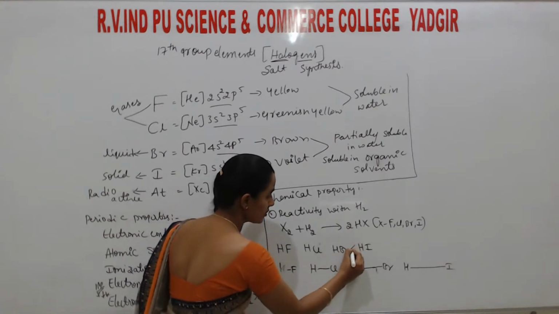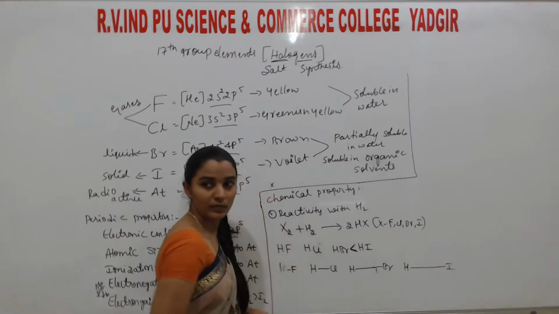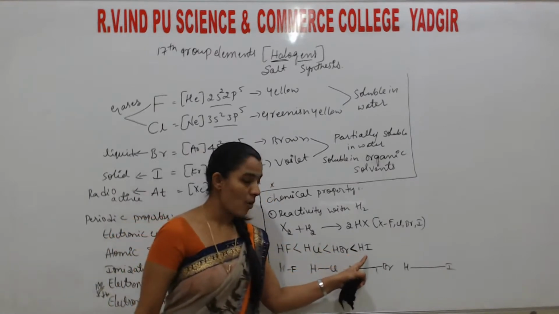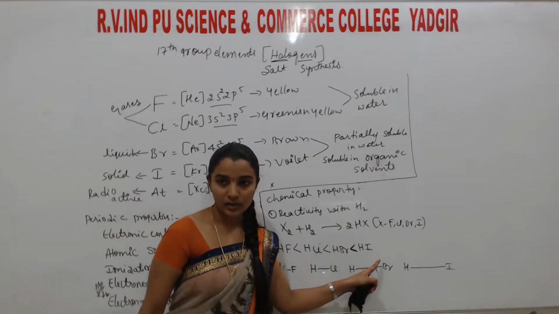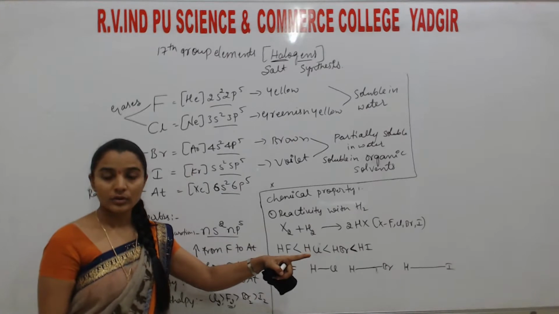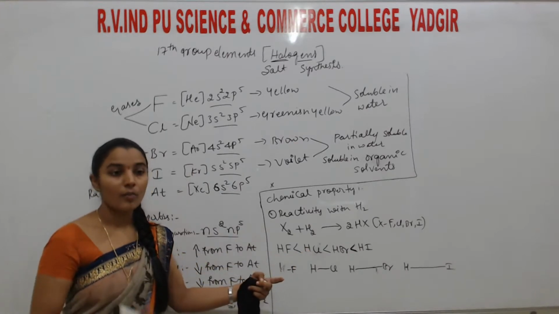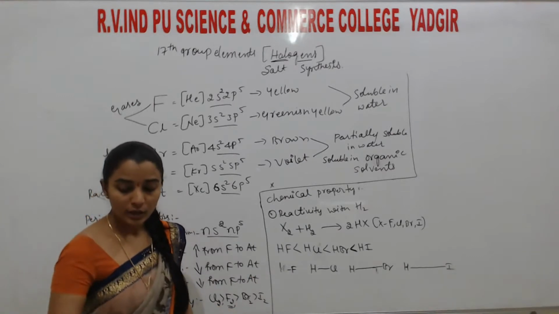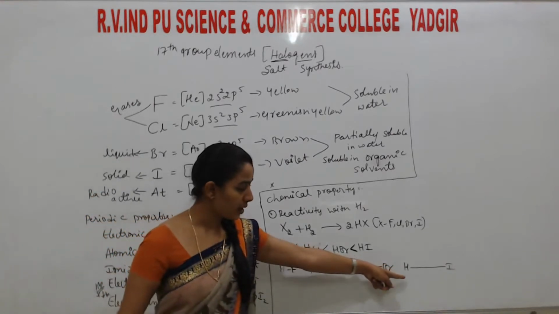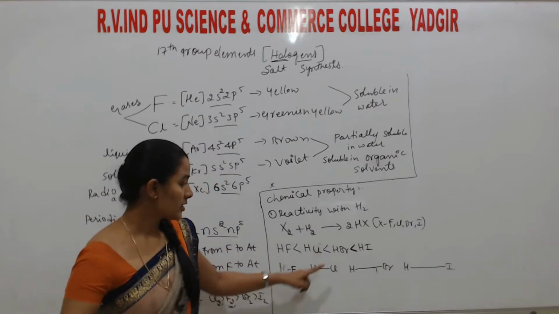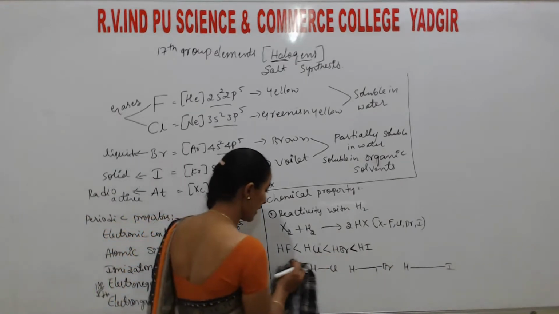HI is the strong acid. Reason: the bond distance in HI, due to the larger size, is more. If the bond length is more, the bond energy we require is less. If we require less energy to break the bond, it easily donates H plus ion. Hence, HI is the strong acid.